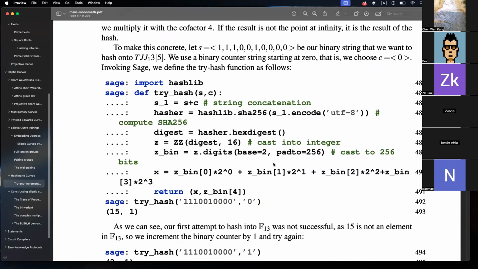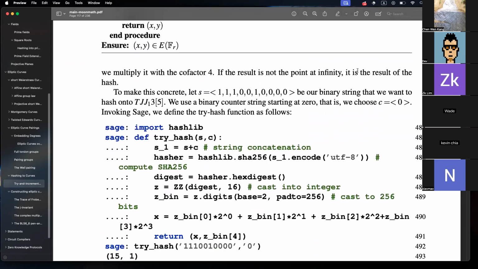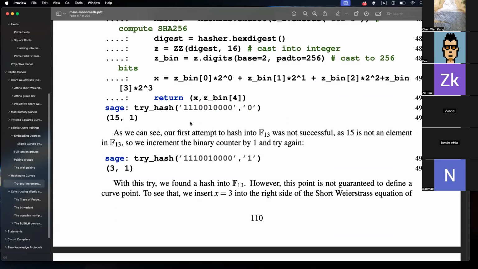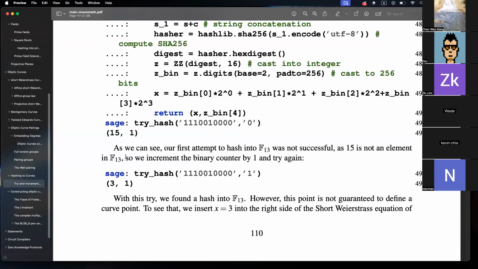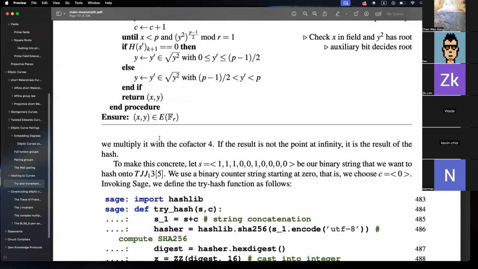Essentially it's trying to hash. I wouldn't say this is brute force, but with the try-and-increment method, it's trying to hash some value into the curve. We are just checking if these points work. I believe this is the short Weierstrass curve formula, is it?